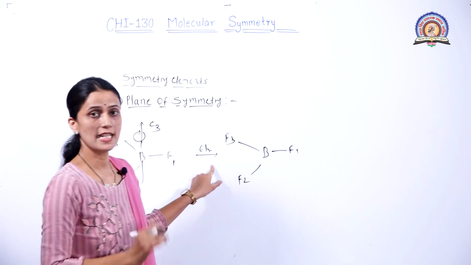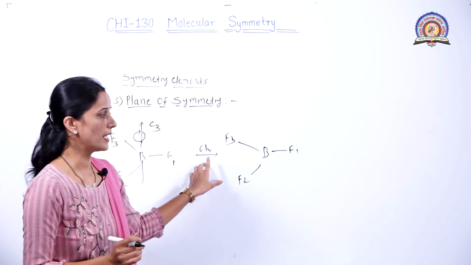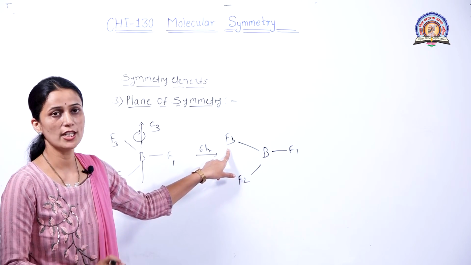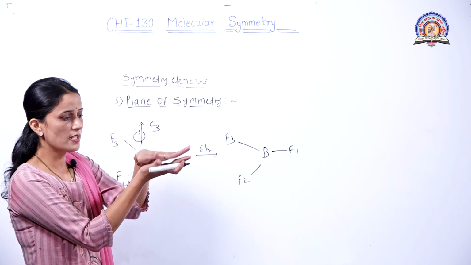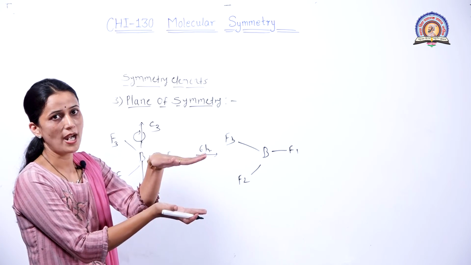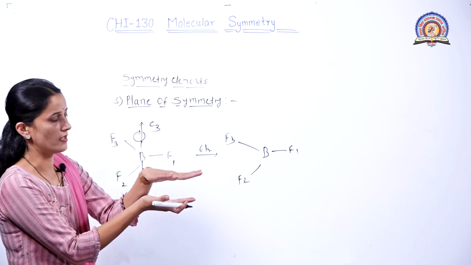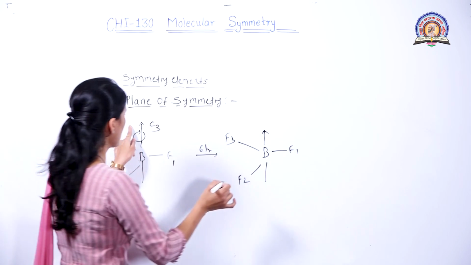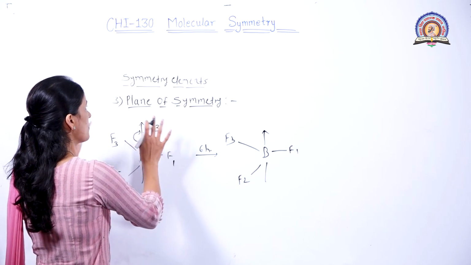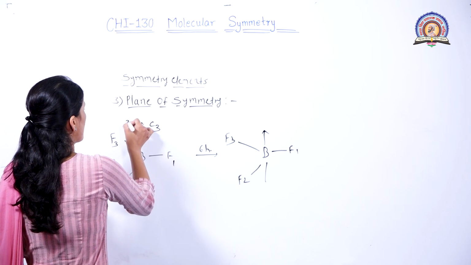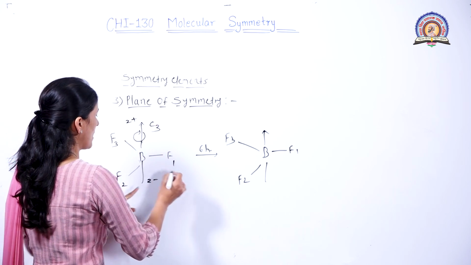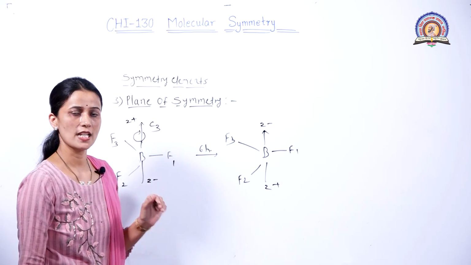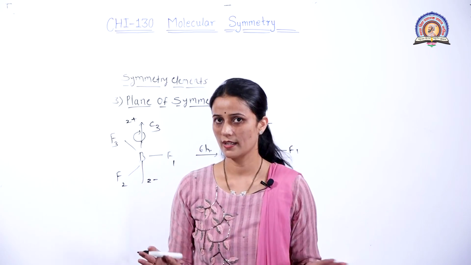Okay, after sigma h, F1 is here, F2 is here, F3 is here, means the molecule remains as it is because it cuts only into two equal parts which are mirror images of each other. The only change is, suppose this is your principal axis, this is Z plus and Z minus, so Z minus and Z plus get exchanged. So sigma h is possible in all planar compounds.